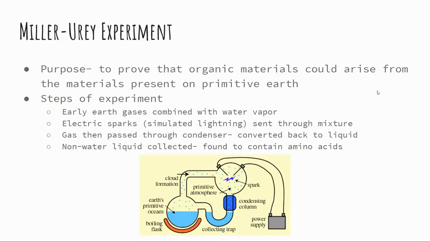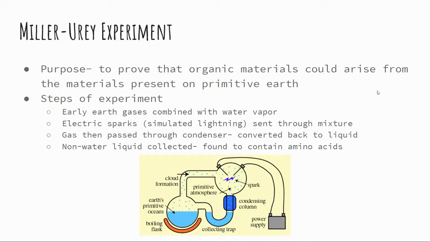So the Miller-Urey experiment: the purpose of this experiment was to prove that organic materials could come from the materials present in the atmosphere of primitive Earth. The steps of this experiment: the early gases were combined with water vapor. Electric sparks were then run through these gases.